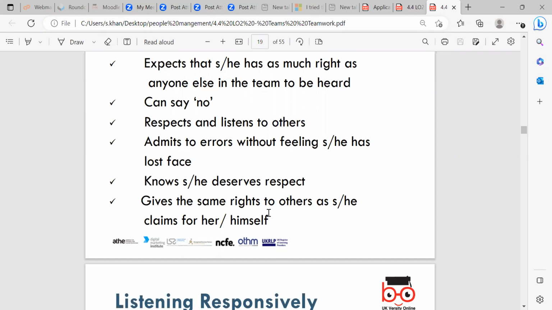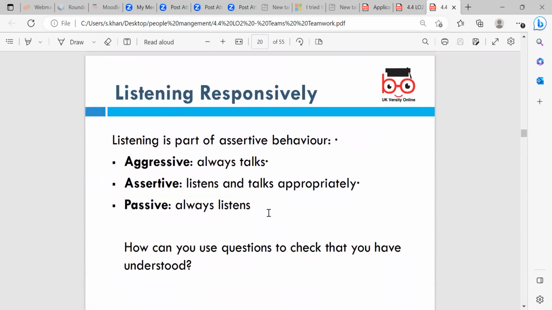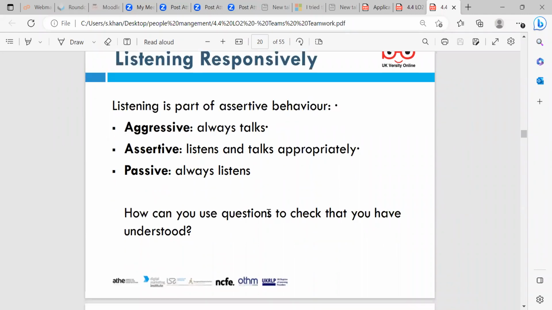Also, you should listen. Listening is very important, and that goes on to the next one, listening responsively. So listening is part of assertive behavior. Aggressive always talks. Assertive listens and talks appropriately, and passive always listens. So you should be able to listen to what someone is saying and talk appropriately back to them.